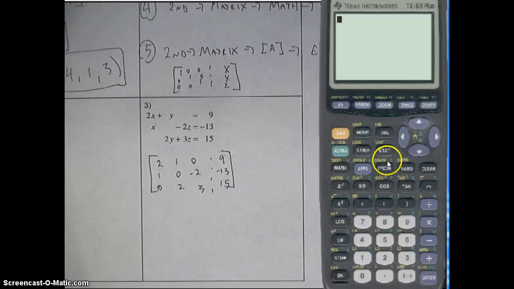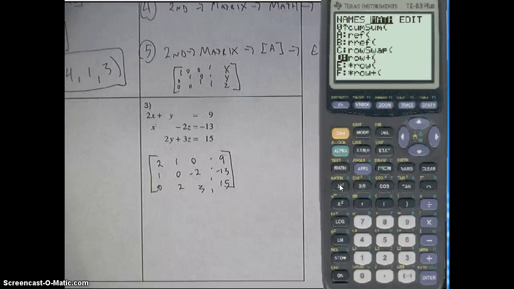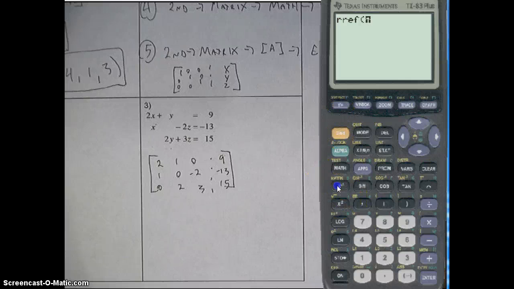Second quit. Second matrix, over to math, up to B. Second matrix, select matrix A, close the parentheses.